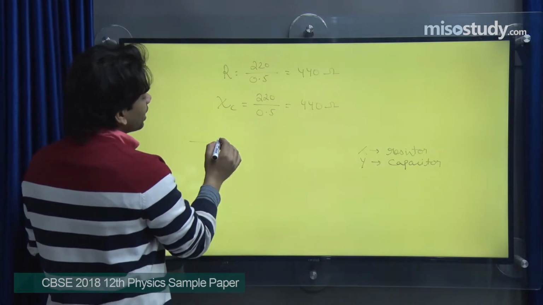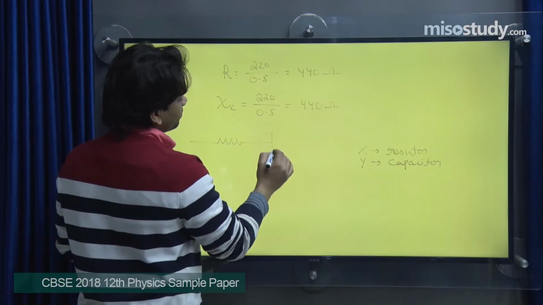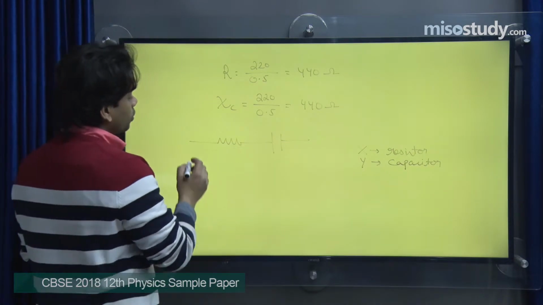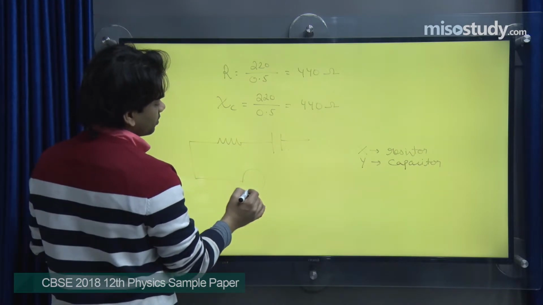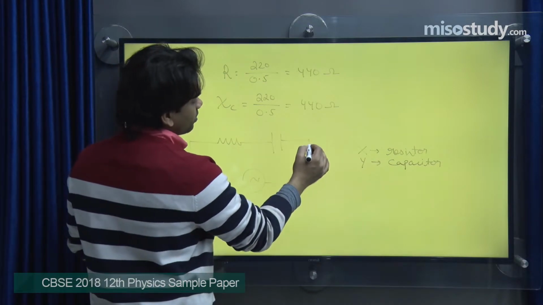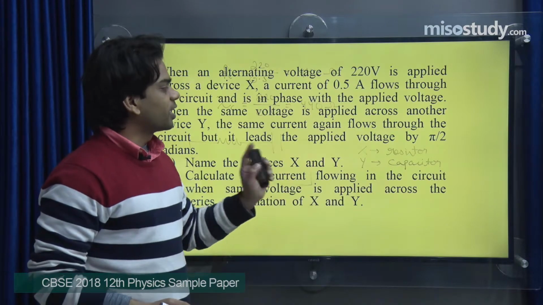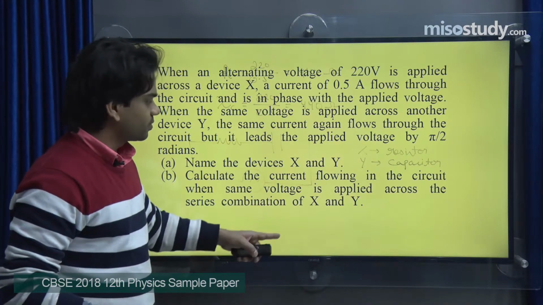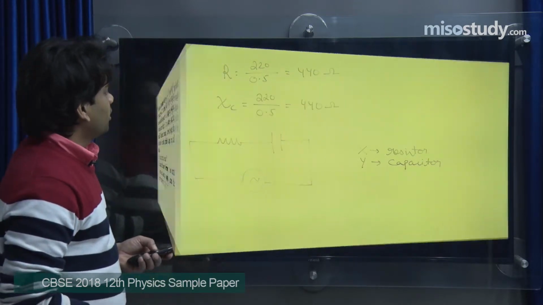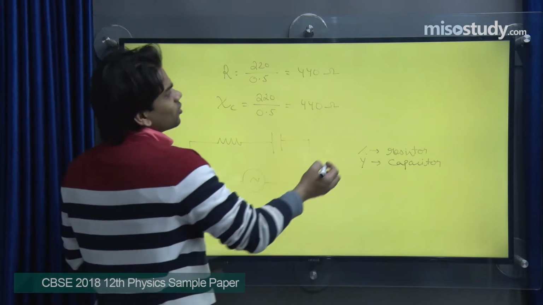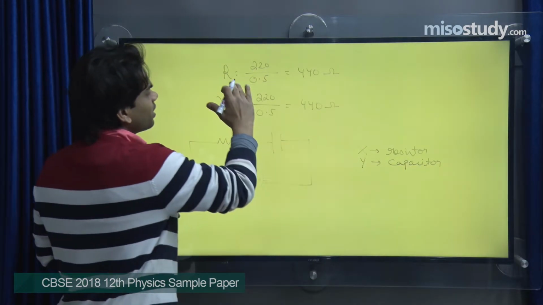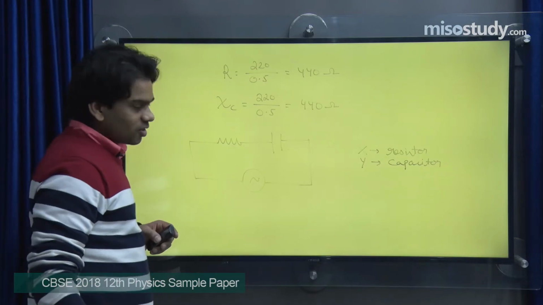Now if both are connected in series with the same source, calculate the current in the combination of X and Y. First of all, can we calculate the equivalent impedance of the circuit?